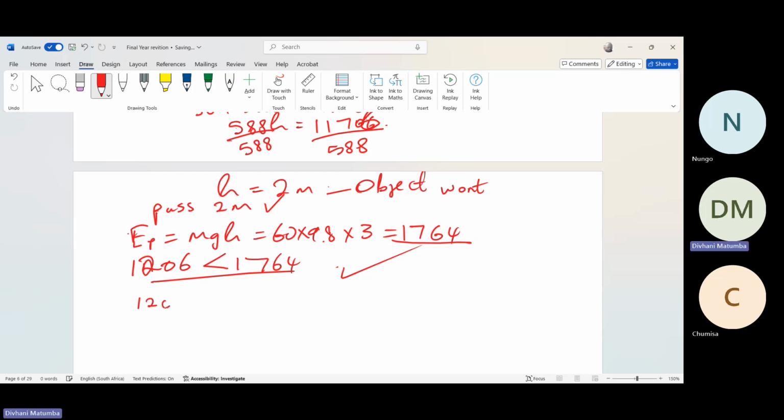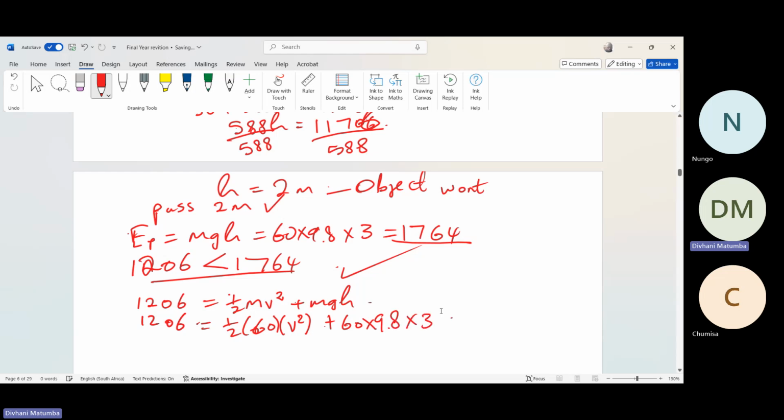The total mechanical energy is 1206. At that point, if you're calculating the velocity, you're going to have 1 over 2 mv squared plus mgh at that point. So you're going to have 1206 equals 1 over 2 times 60 times velocity squared, which is what we are calculating, plus 60 times 9.8 times the height of 3.